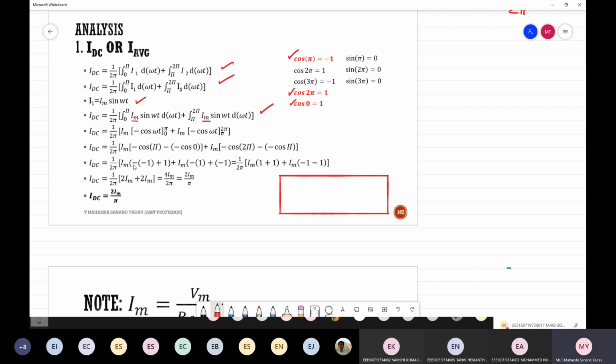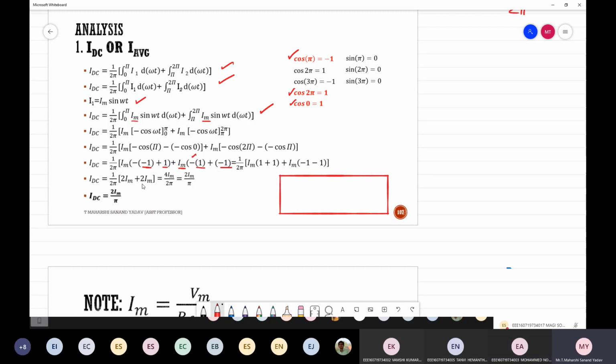Im as common. So minus of cos pi, which is minus 1, and cos 0 is 1. Minus into minus is plus. Again Im common, minus of cos 2 pi, which is 1, minus cos pi is minus 1. So I got something like this: 1 by 2 pi, Im into 1 plus 1, plus Im into minus 1 minus 1.